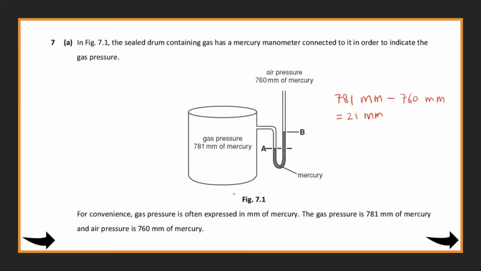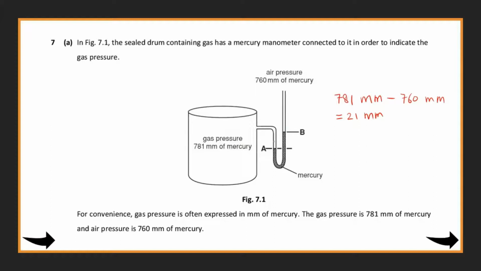In figure 7.1 here, we can see that when the gas pressure increases, it will push the mercury level on A downwards. And it will also push the mercury level on B upwards. This will make the mercury level on A lower while on B higher.